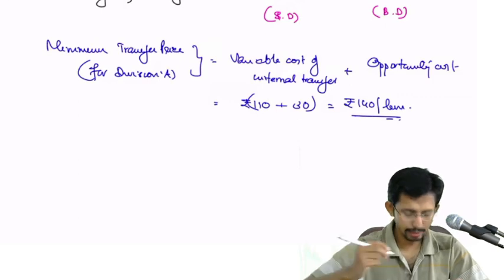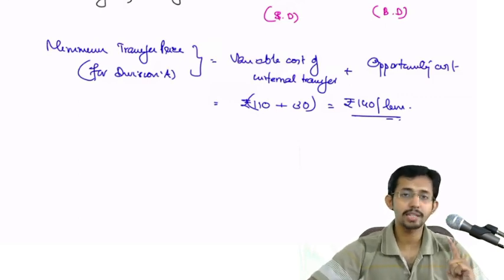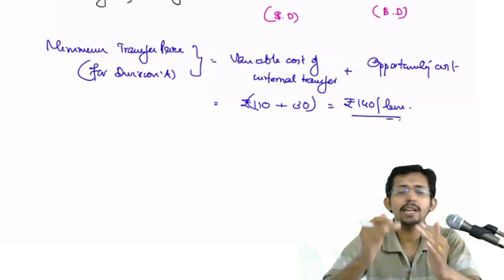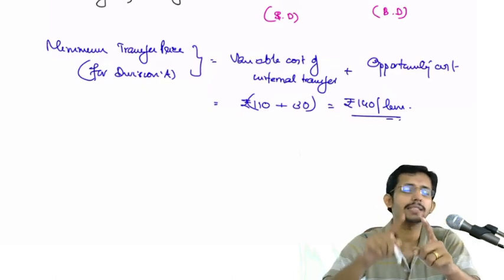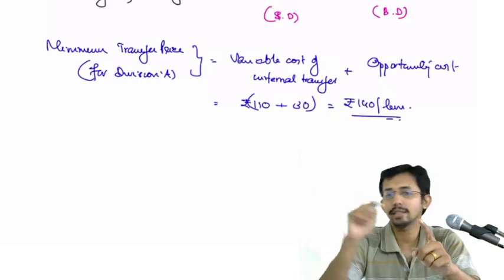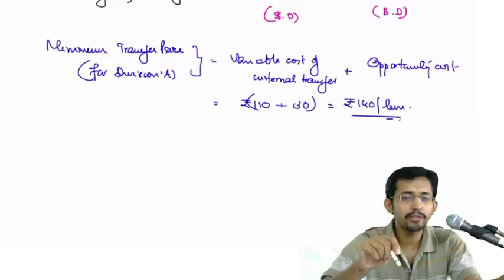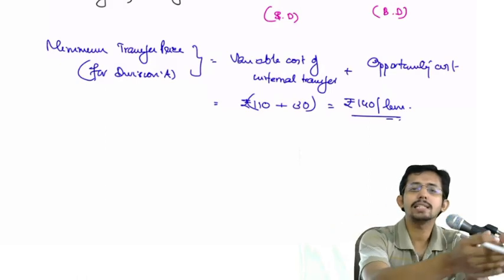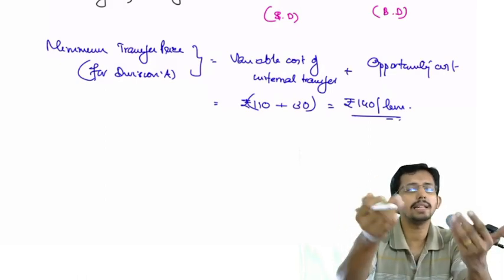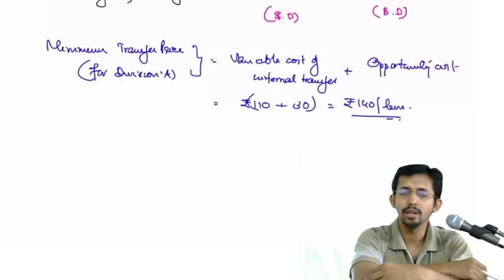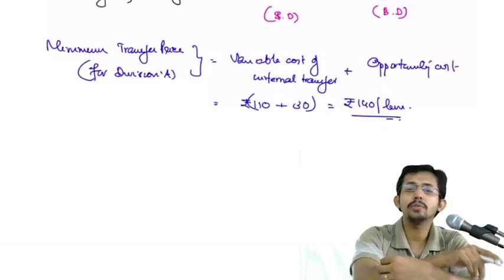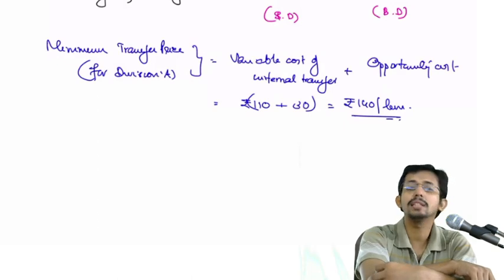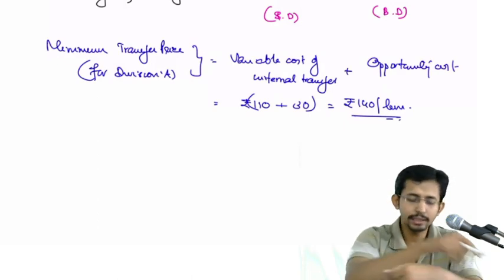Okay, so that is the minimum transfer price required for division A. In net effect, division A requires the same rate as it is receiving on external sales, because if the internal transfer is not happening, they can easily sell these goods in the external market and get 140 rupees. So if there is a chance for external sales, then by effecting the internal transfer also, they should get the same rate. Okay, so that is the logic.